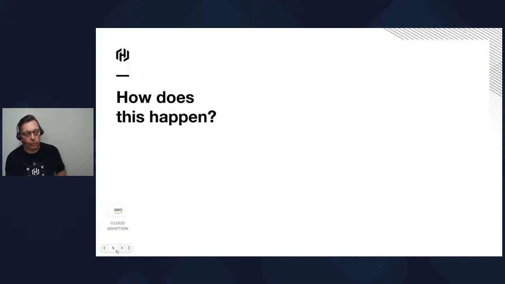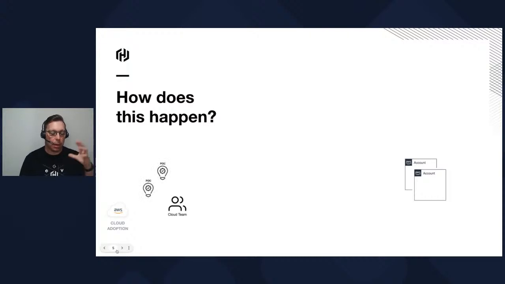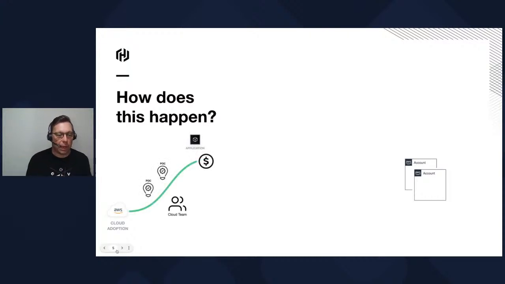This becomes even more apparent when we think about how cloud adoption is done within an organization. First of all, you have maybe an individual or a couple of team members saying, we want to go to cloud, we're going to innovate, we're going to move these first couple of workloads. So they set up some accounts, come up with a proof of concept and some value concepts, and push that first application.